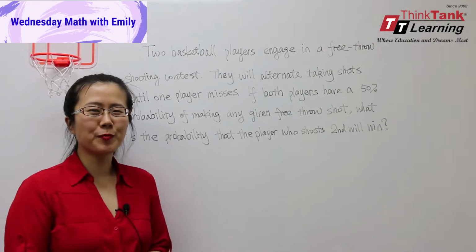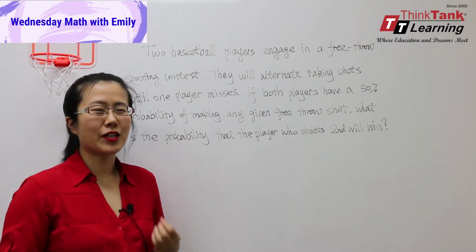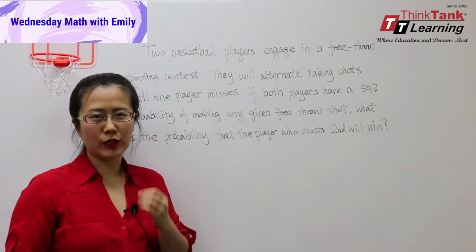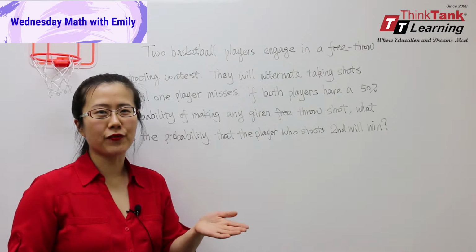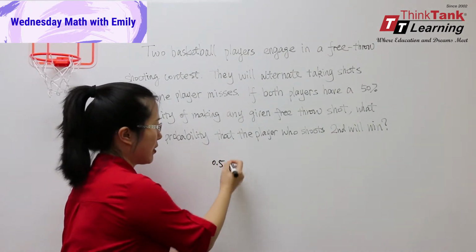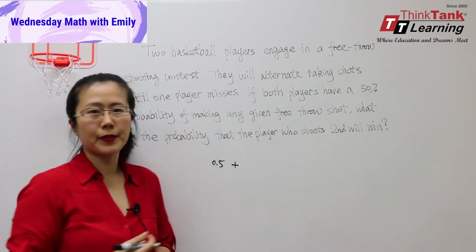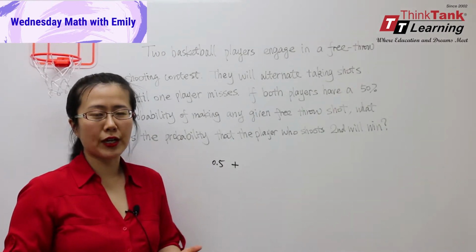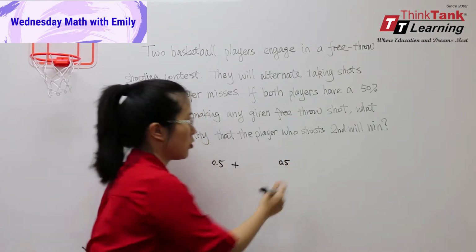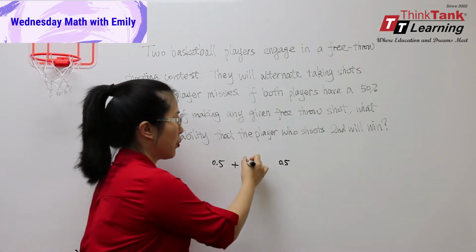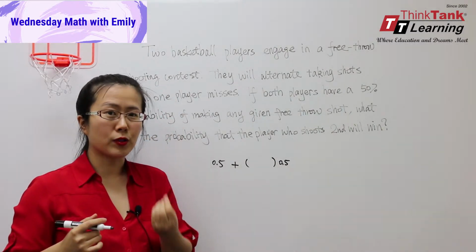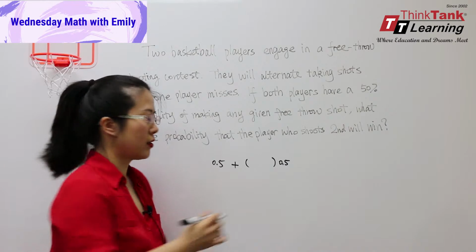Have you solved this problem? The cases in which the second player wins are when the first player fails to make the shot. If the first player fails in the first round, then it is just a 50% chance. And if the first player fails in the second round, it is also a 50% chance to miss, but we have to make sure both players successfully made their shots in the first round.